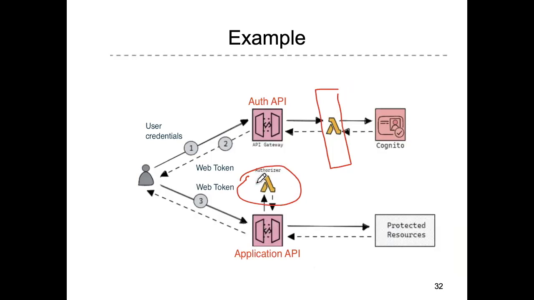Now, the authorizer code I've given you in the lab, and I've consciously decided not to step through it here. You can just lift it, and you can look through the code yourself for sure.